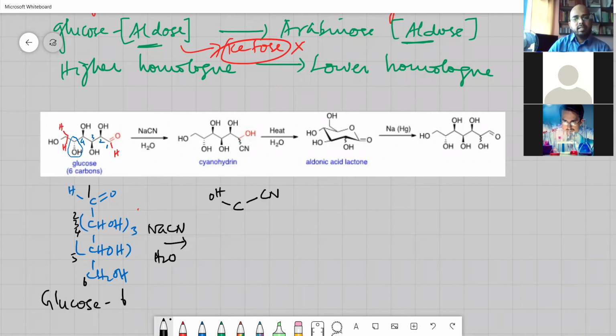Then I have CHOH 4 times and then CH2OH. You can check the valency, 1, 2, 3, one more hydrogen should be added there. Carbon always has valency 4, so one H comes here, but it is not written. It is understood that if something is missing, you have to just put it.